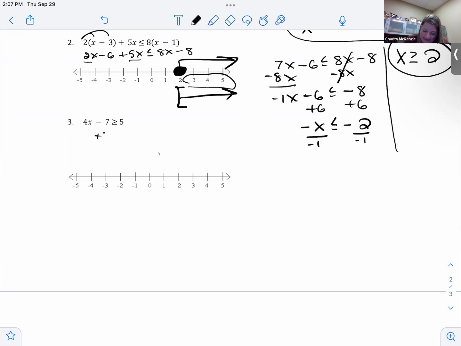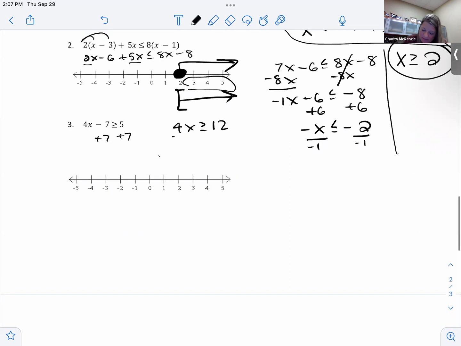I'm gonna add the 7 to both sides, right? And that's gonna give me 4x is greater than or equal to 7 plus 5 is what, 12? I was double checking because in my brain I was thinking it was divisible by 7 anyway, instead of 4. It's all right. So then divide by 4, divide by 4.